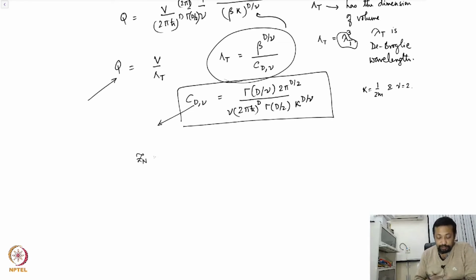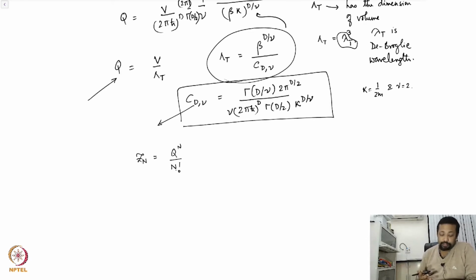The n particle partition function is q to the power n, and now we bring in the factor n factorial, because the particles of this gas are indistinguishable. You cannot distinguish one from the other, and therefore you are overcounting your microstates.